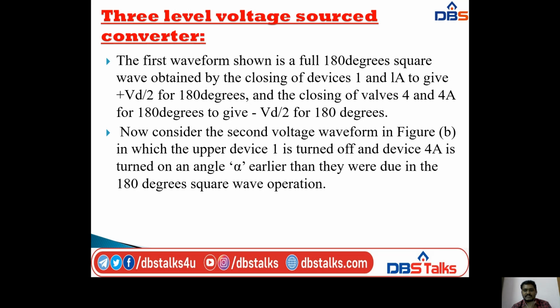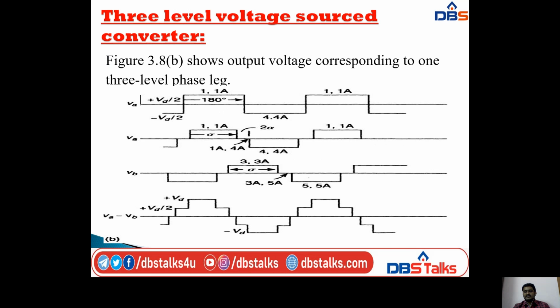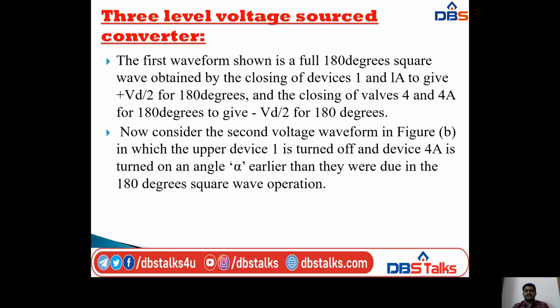Coming to the first waveform, if you observe, the first waveform shown is a full 180 degrees square wave. This square wave is obtained by closing devices 1 and 1A. We have already seen the connection diagram of a 3-level voltage source converter with one phase leg.